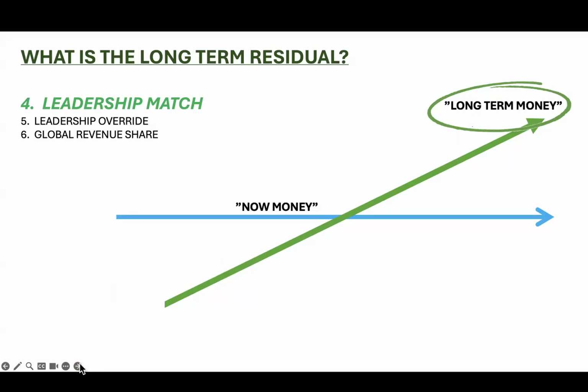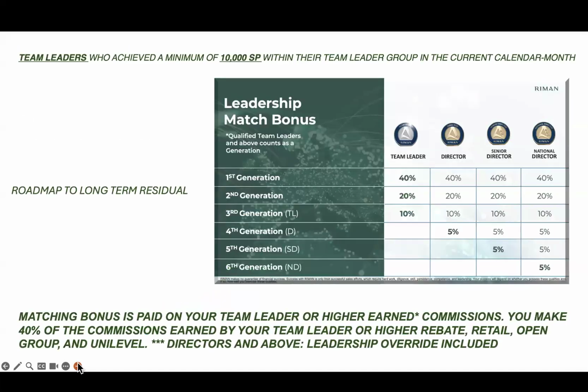Okay, so leadership match is basically from team leader and higher, right? Now think about it, when you break team leaders, team leaders are pretty much the life of this business, right? That's where they start getting paid the depth. The first 3 levels, 3 generations of your check match, leadership match kicks in.